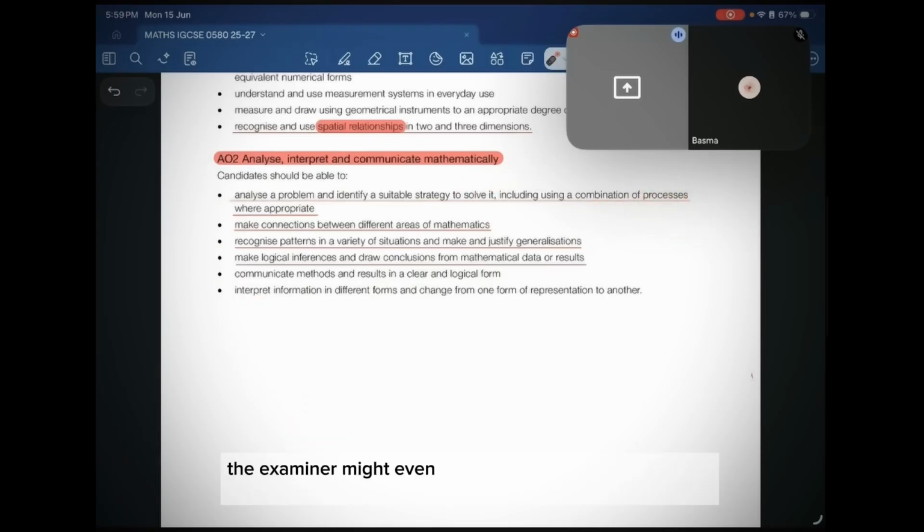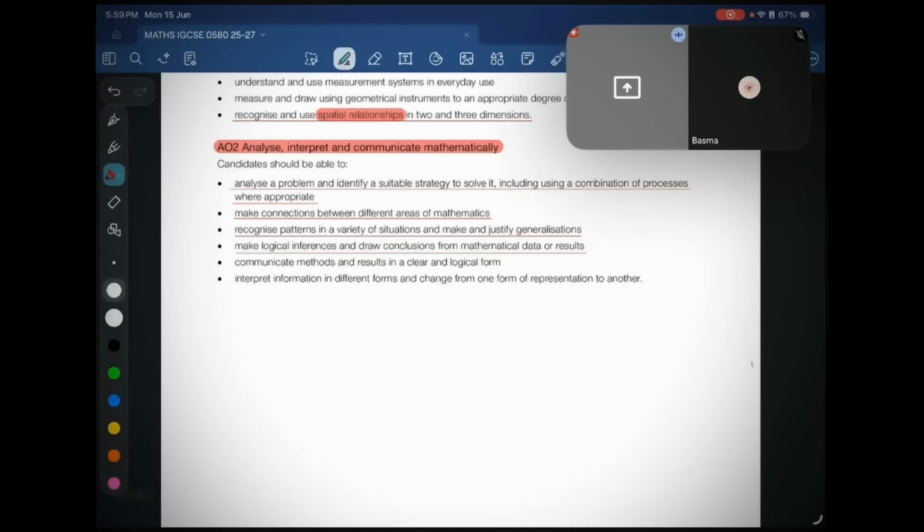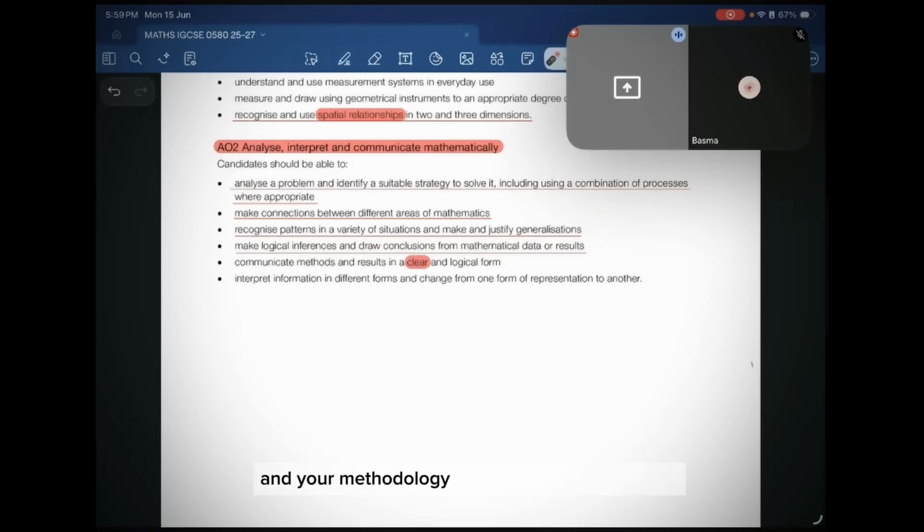The examiner might even give you the full mark for it if it's correct. That's the first thing. But the emphasis is on the word clear over here. Your result, your answer and your methodology should be clear and logical. Obviously, it has to be logical, otherwise it won't be correct. But it needs to be clear.